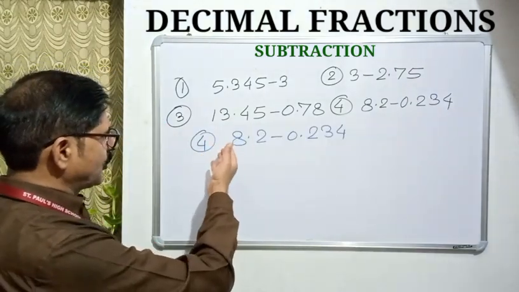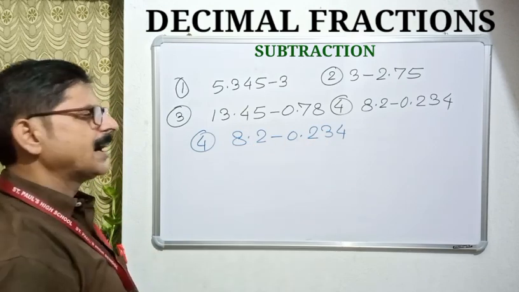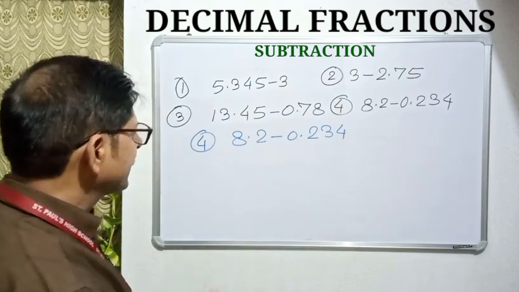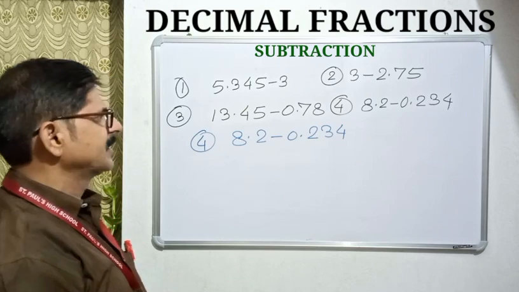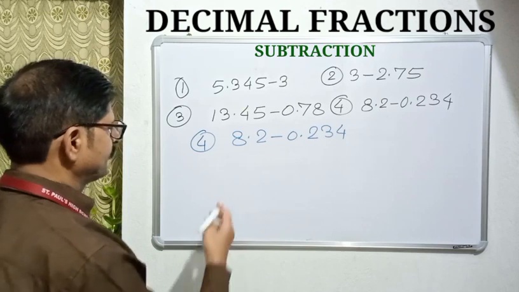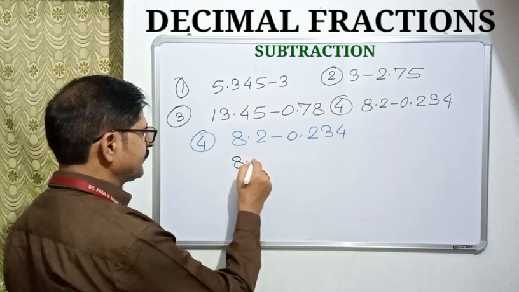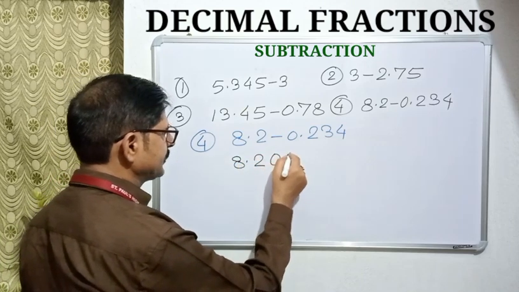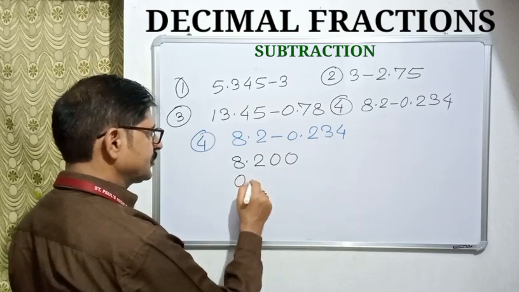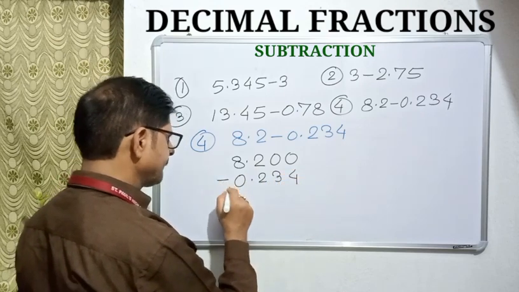In our fourth question, the minuend and the subtrahend, both of them are decimal fractions, of course, unlike decimal fractions. So whenever the situation arises, we need to change them into a group of like decimals for the purpose of addition and subtraction both. 8.200. Now 3 decimal places, and 3 decimal places are here also. 0.234. And now subtract.